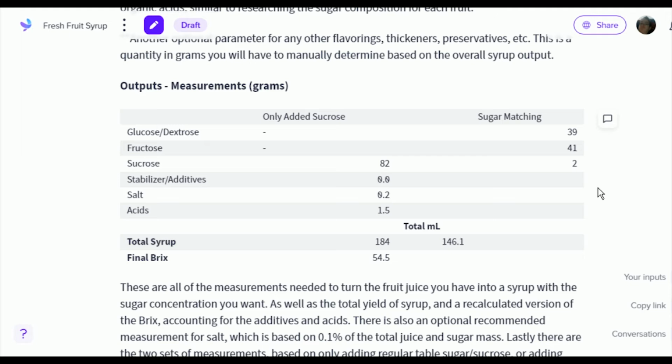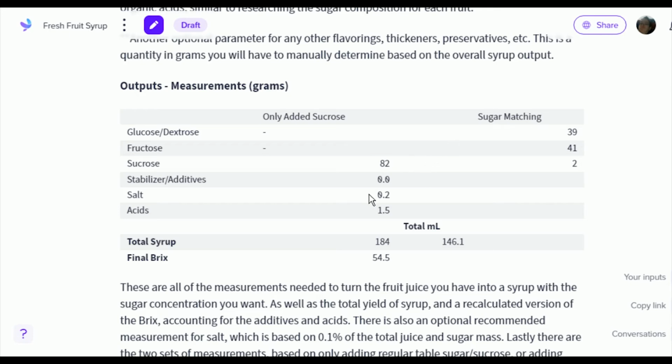So it's taking the amount of juice you have, the sugar level that you measured with the original Brix, and it's telling you how much sugar to add to achieve your final sugar concentration.